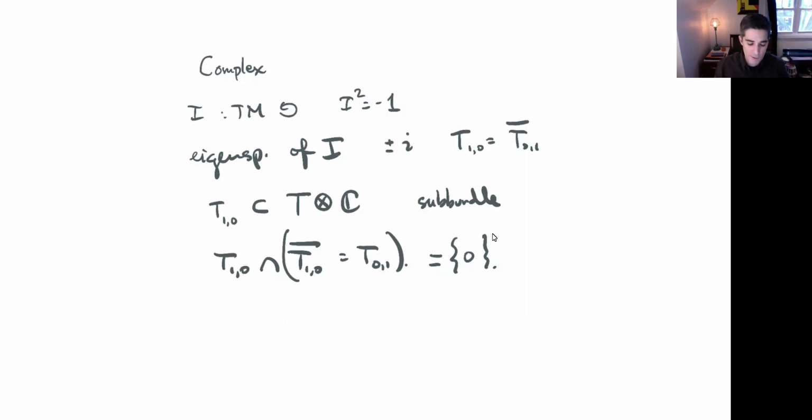And just like in the case of a foliation, the integrability condition is that one of these subbundles is closed. And this will imply that the other one is closed.